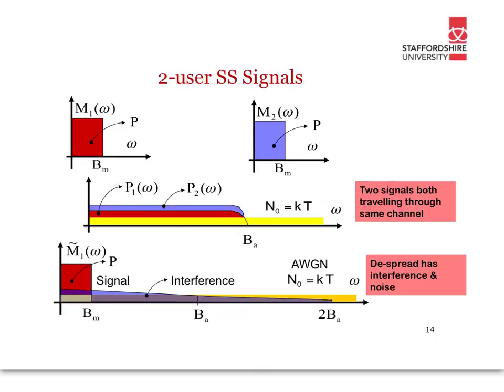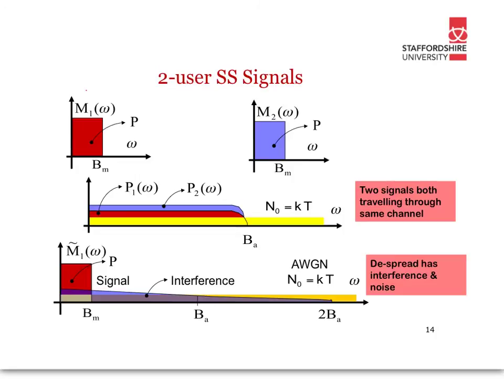So what does this look like? For multiple users, so we've got user 1 here and user 2 here, occupying the same bandwidth, just a different colour. They're shown in this graph as on top of each other because they're additive. However, when we despread the signal, the multiple access interference is just slightly higher because it looks like noise.